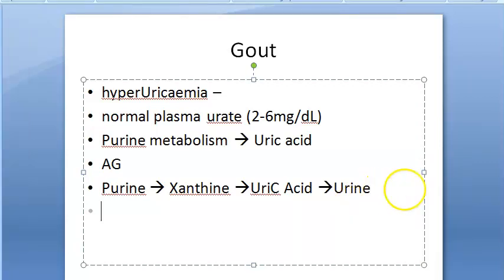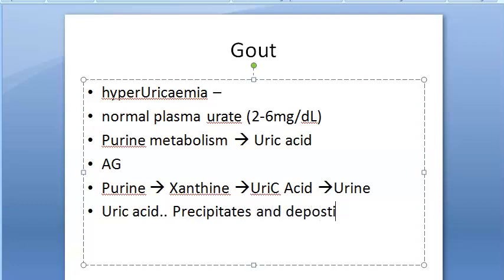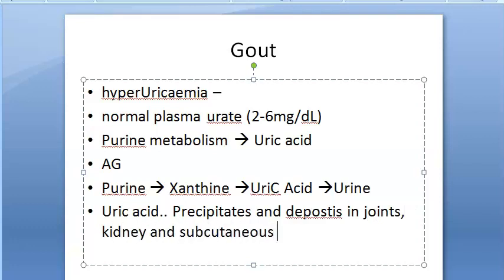Basically, guys, if this uric acid becomes more, it precipitates and deposits in joints, kidney and subcutaneous tissue.